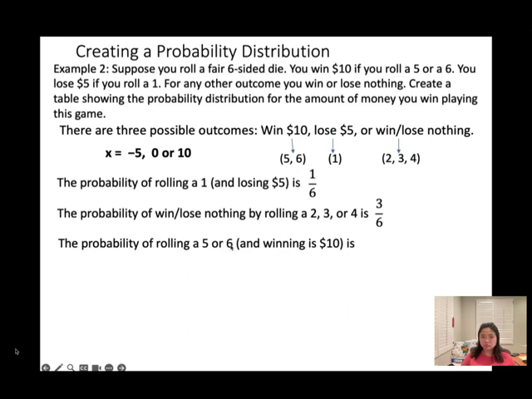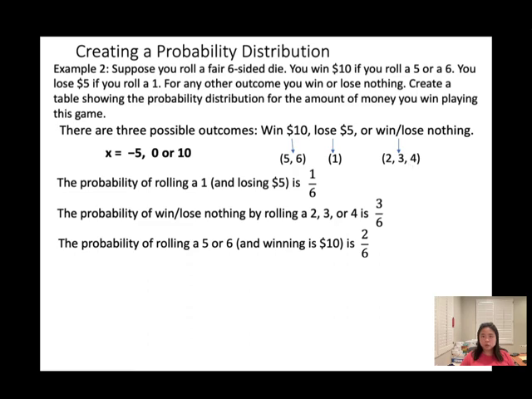Last one. Think about it. The probability of rolling a 5 or 6 will be 2 out of 6 here.